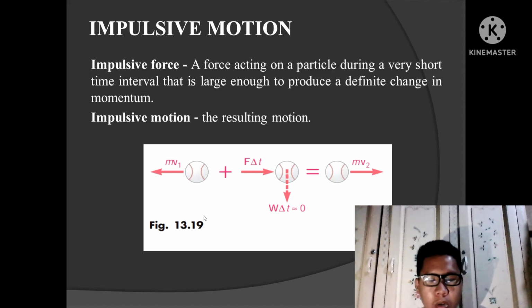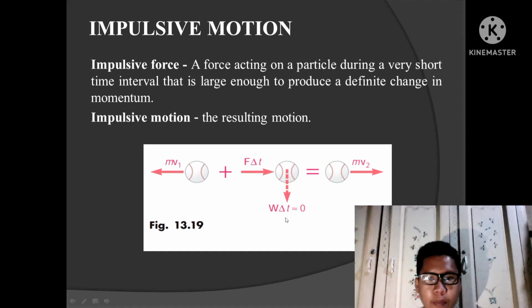When the bat and the ball make contact during a very short time interval, delta t, the average value of the force exerted by the bat on the ball is very large, and the resulting impulse on the ball is large enough to change the sense of motion of the ball.